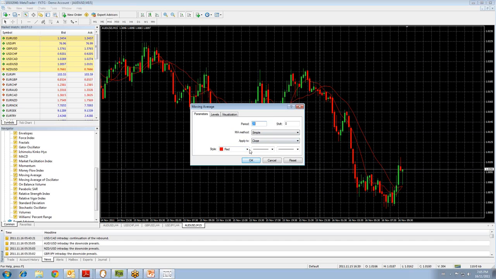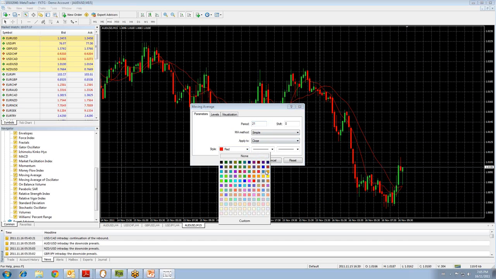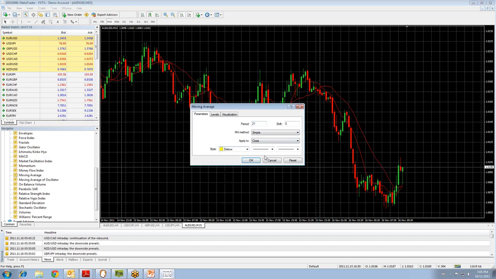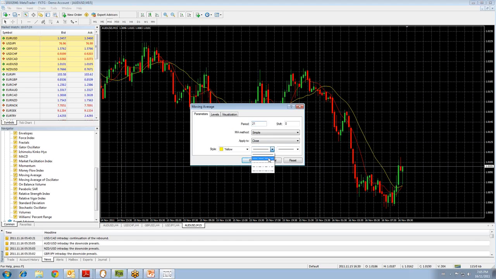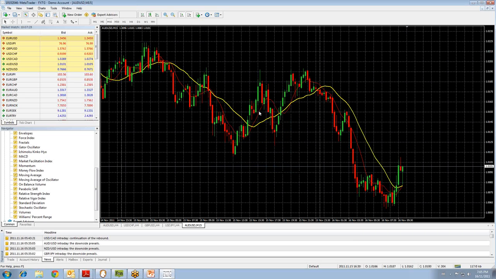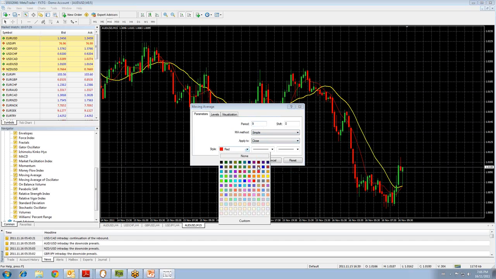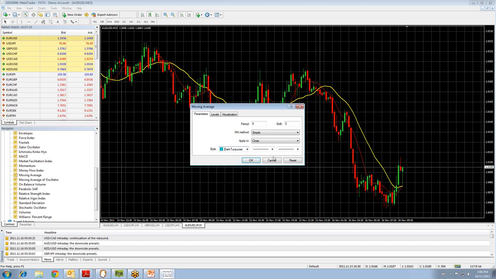We'll make it a color that can stand out. We'll make it yellow, and I'll make it just a bit thicker so we can see it. And I'll make this one, how about a light blue. That should stand out, and I'll make it a bit thicker.